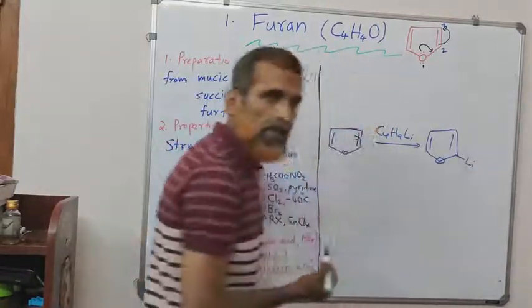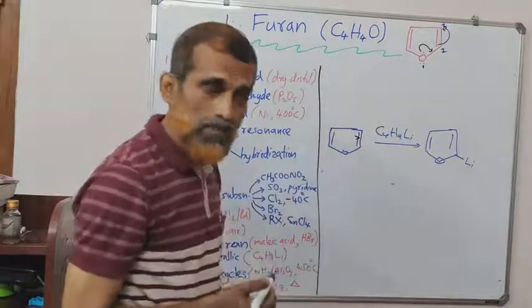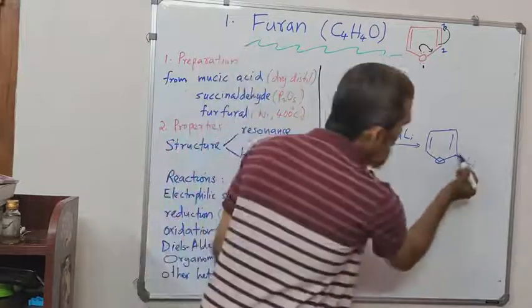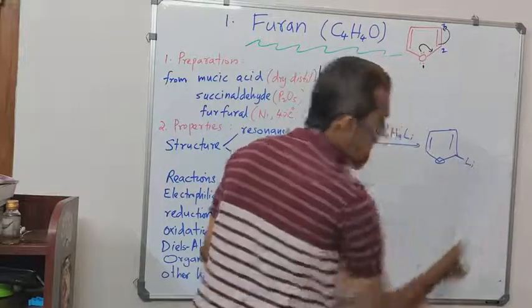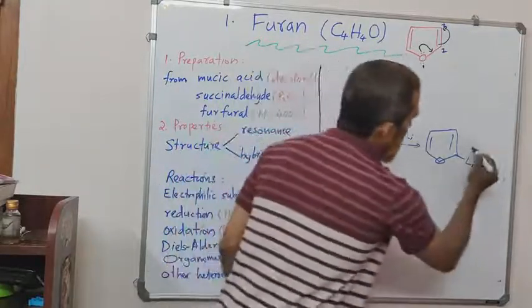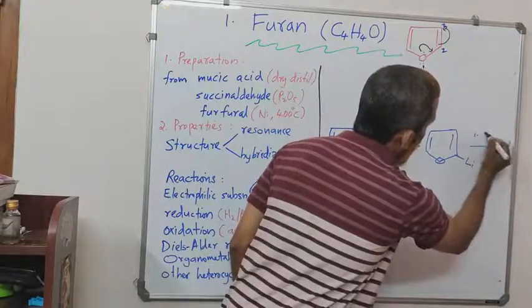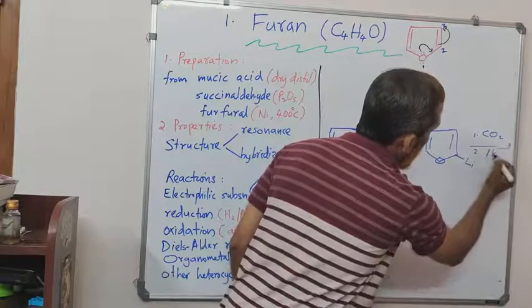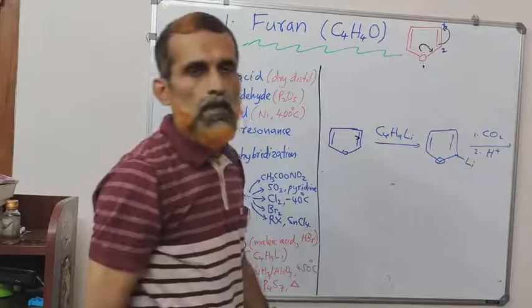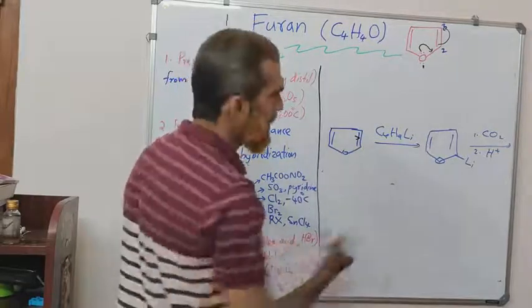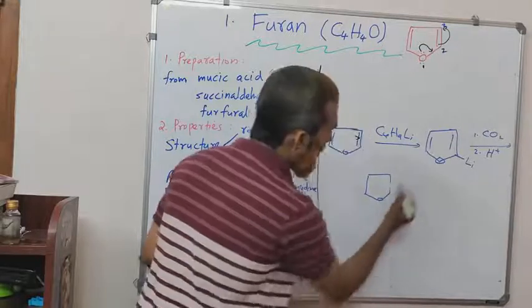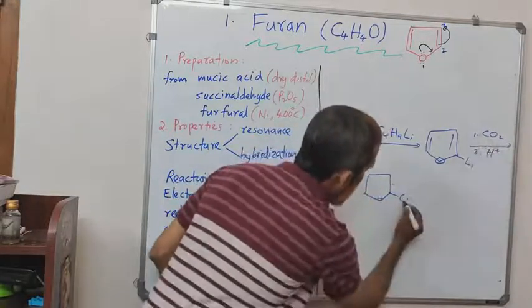And this is now very reactive, just like a Grignard reagent. You can introduce important functional groups at this position by substituting lithium. This is highly polar and reactive. So if you treat with carbon dioxide followed by acid, you might have learned a similar reaction in Grignard synthesis, the product is here COOH.